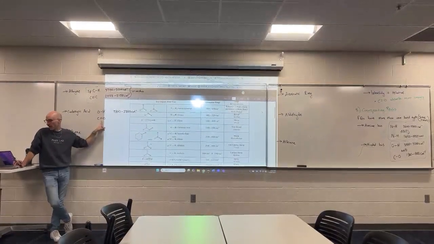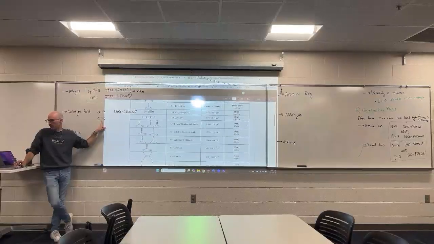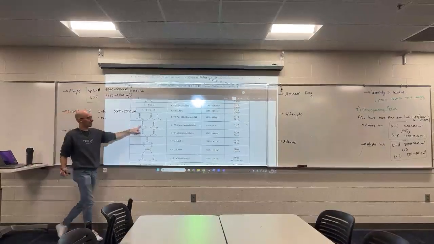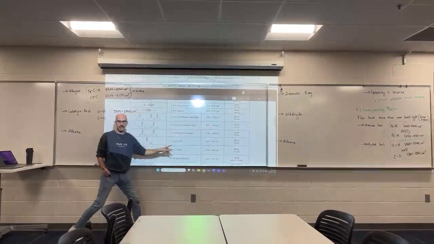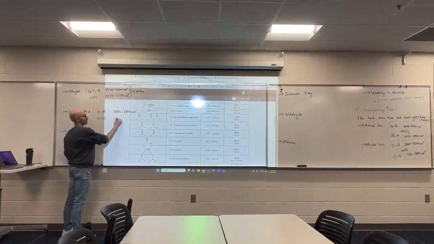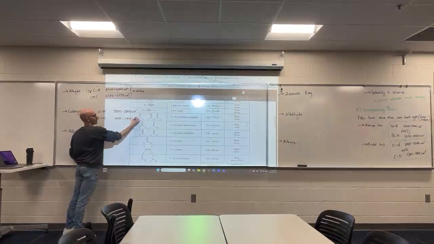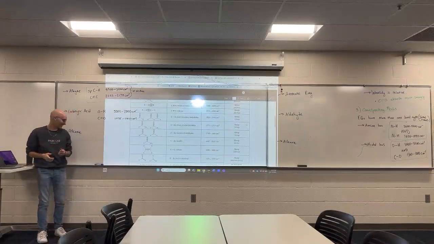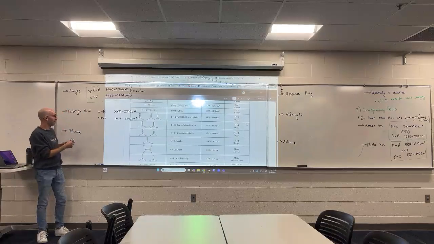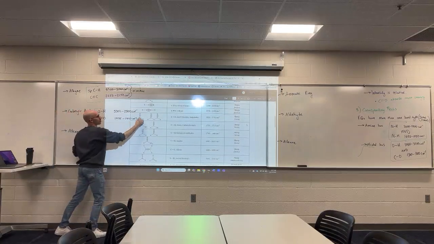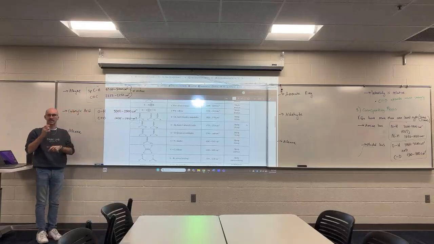Now we see a lot of CO double bonds. So the CO double bond of the carboxylic acid, 1775 to 1715 for the most part. Again, you'll see examples. You can find compounds where they don't show up there. But here's a nice thing.